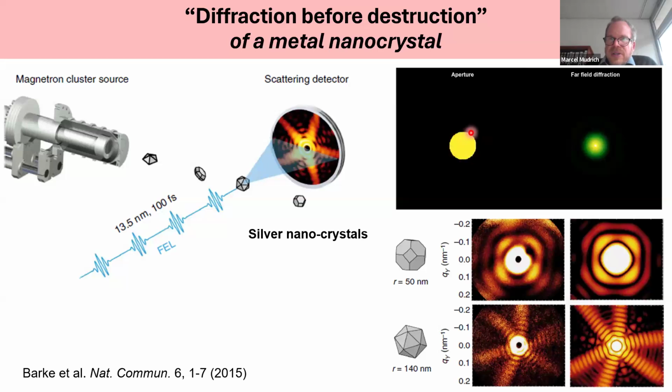So for just a circular aperture, by Fourier transform we would expect this kind of single maximum. This is, you probably know, like diffraction of a very small circular aperture.